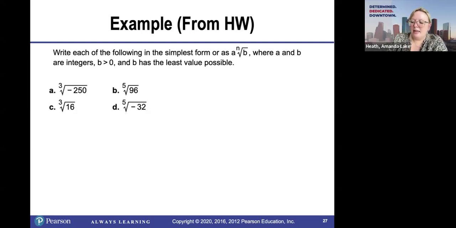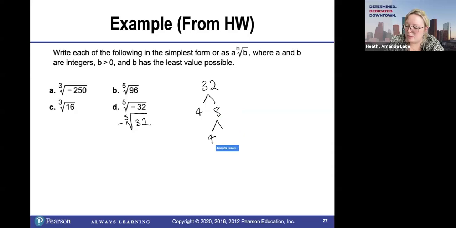All right, lastly, we have the 5th root of negative 32. And since this is an odd root, it will exist and it will be equal to negative the 5th root of 32. 32 is 4 times 8. We just did this a moment ago. 8 is, no, it's not 4 times 4, it's 4 times 2.